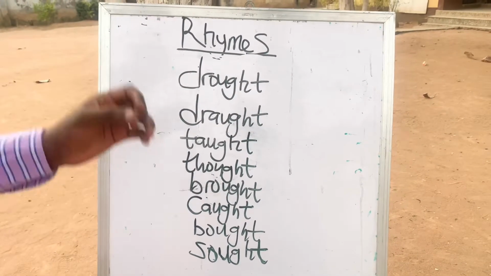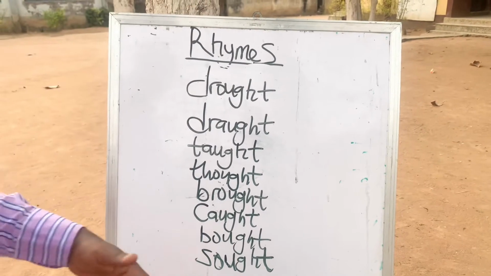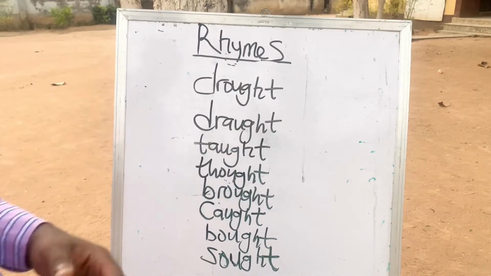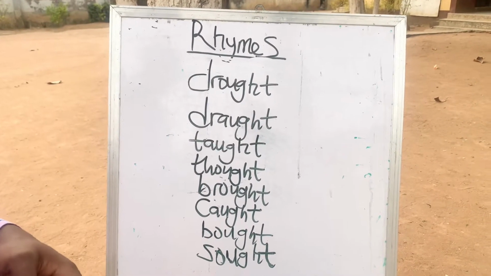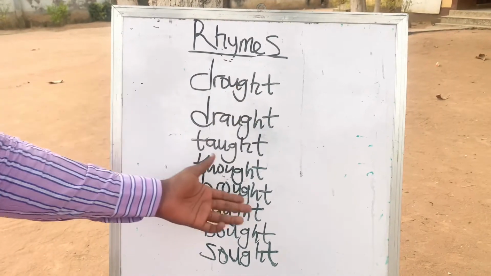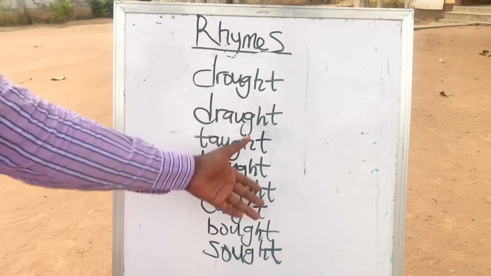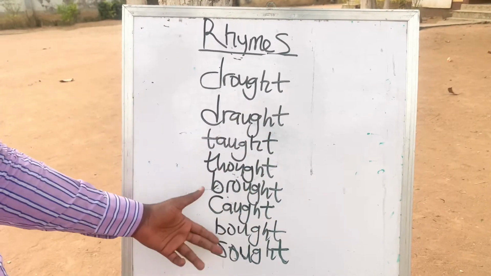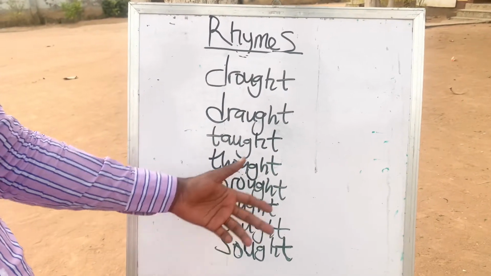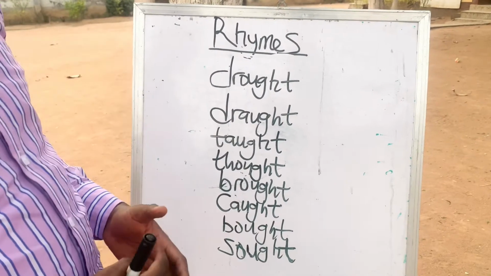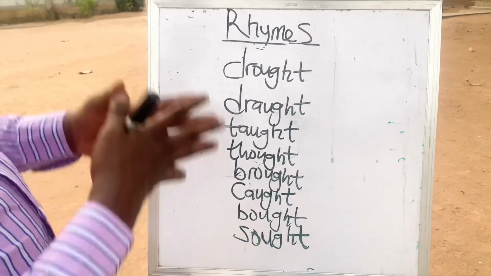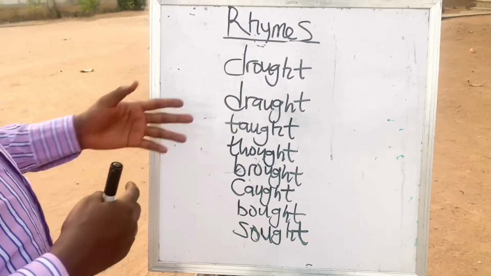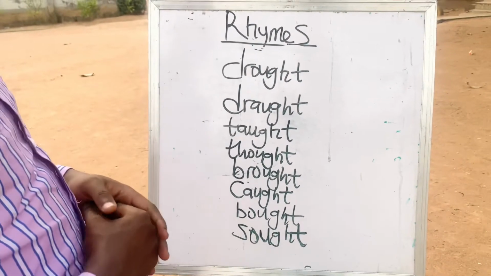So we have O-U-G-H-T, A-U-G-H-T, A-U-G-H-T, O-U-G-H-T, O-U-G-H-T, A-U-G-H-T, O-U-G-H-T, and O-U-G-H-T. But the big question here is, are these words pronounced the same? And that is what we actually want to look at today.